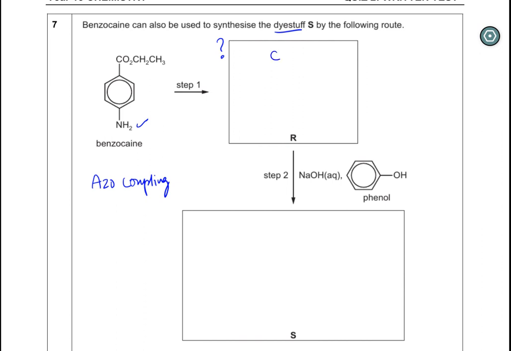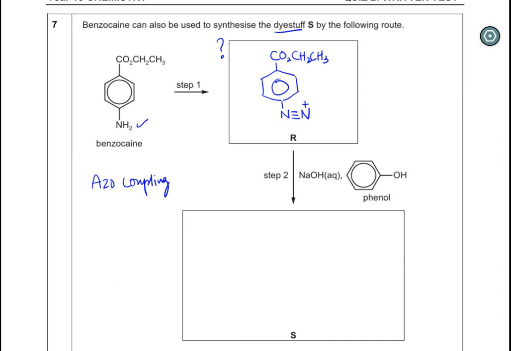The upper part you just maintain, like this, and you have the N triple bond plus. You must put down the plus to show that the overall is positively charged. Without the plus, it's wrong.